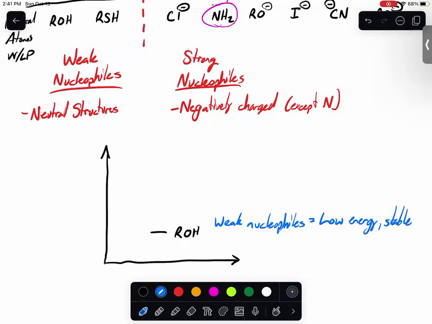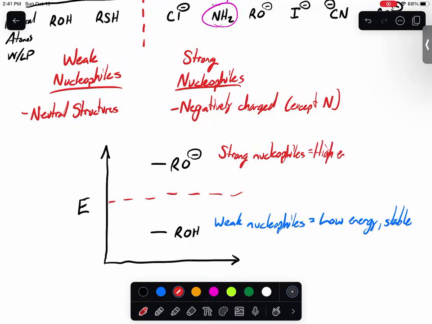So if we draw a nice red dotted line to show the difference, you can see very easily the difference in energy between these two, right? The fact that one has a negative charge and the other is neutral, it kind of lends to the fact that the negatively charged one would be higher energy and thus less stable, right? So we would say strong nucleophiles are high energy and unstable.